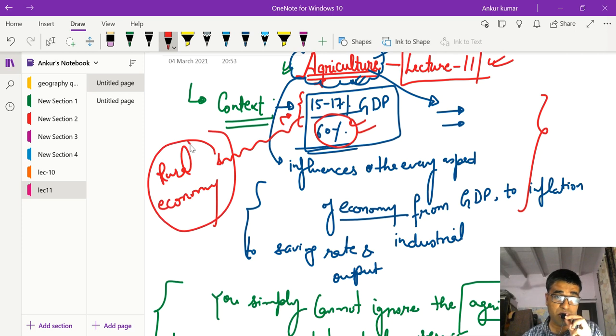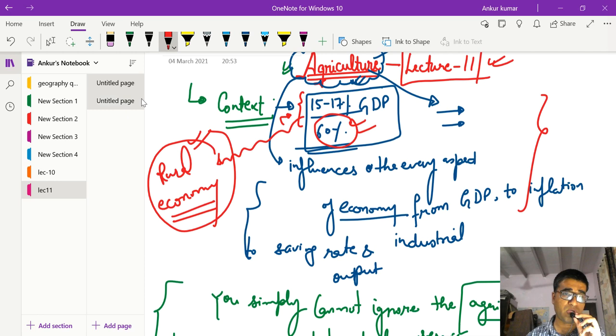When we say that India lives in the villages, that means you simply cannot ignore agriculture. One negative effect of that ignorance happened in the second 5-year plan, and the results were evident in the third 5-year plan. So this is the background of agriculture.